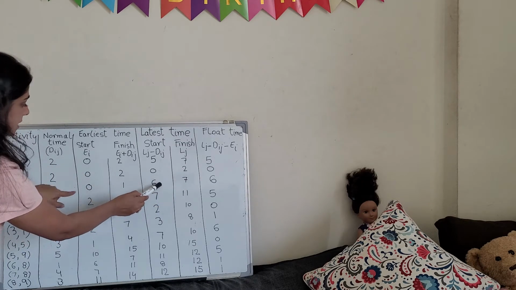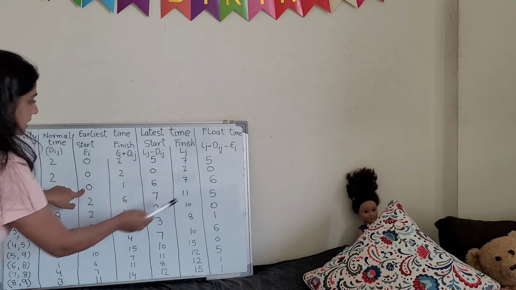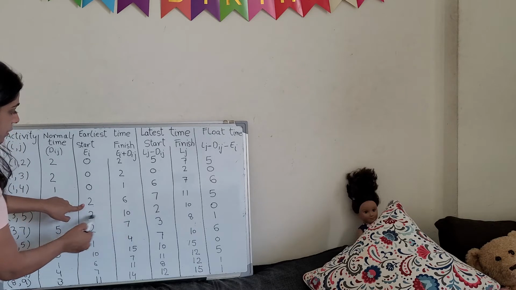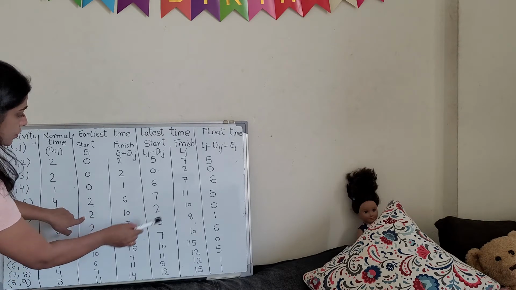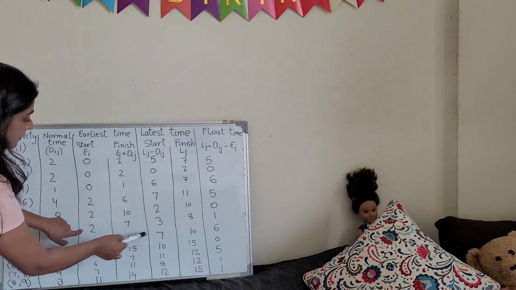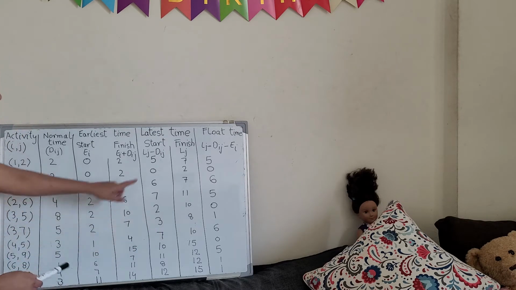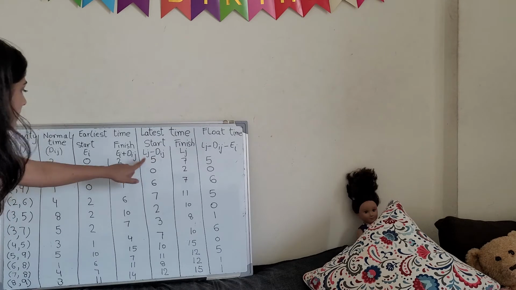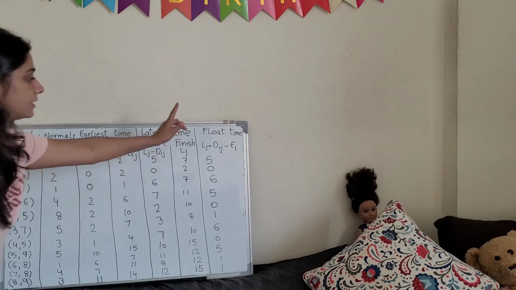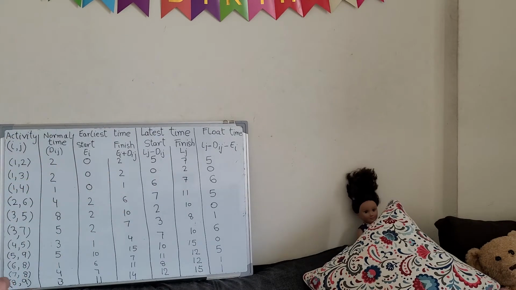LJ minus DIJ, 6 minus 0 is 6. And 7 minus 2 is 5. And similarly, 2 minus 2 is 0. Just same method. 3 minus 2 is 1. And 7 minus 1 is 6. So, LJ minus DIJ is this column and EI is this. So, we will subtract EI from this column. And then here, we will find out float time.